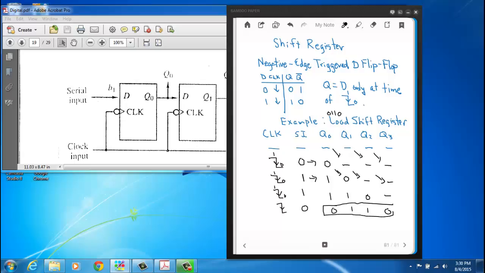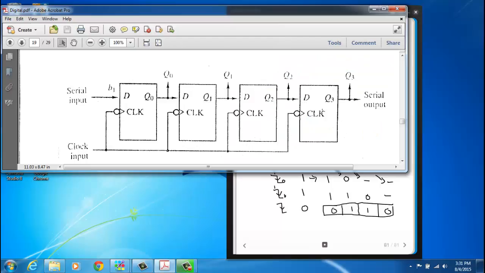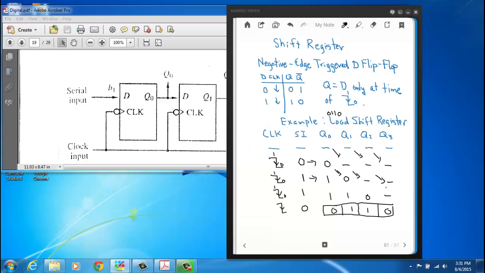I'm putting this rectangle along with these squares around each of the bits just to let you know that a lot of times the shorthand notation for this circuitry that depicts the register is this: the rectangle represents the register and each square represents a flip-flop that holds a bit at its output. So this would just be shorthand for this whole diagram once the shift register has been loaded after the 4 clock pulses.